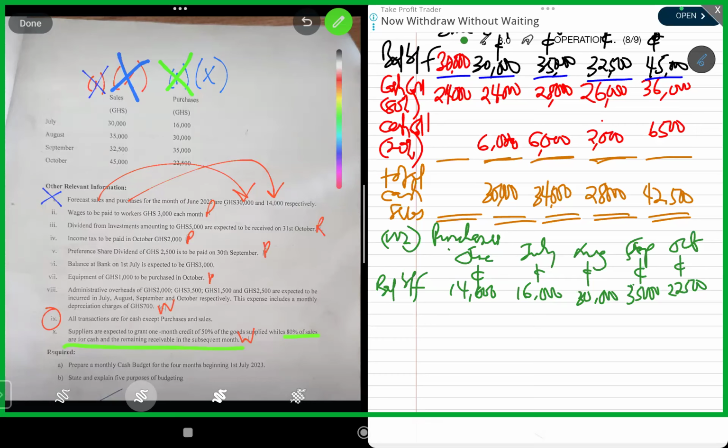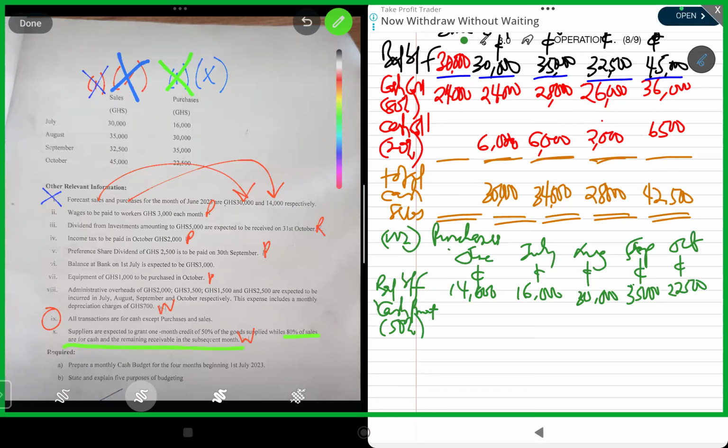Are we good? So we go with cash payments. What's the percentage? 50%. So you calculate 50% for each month and record it, because that is the cash amount you are paying in that particular month.